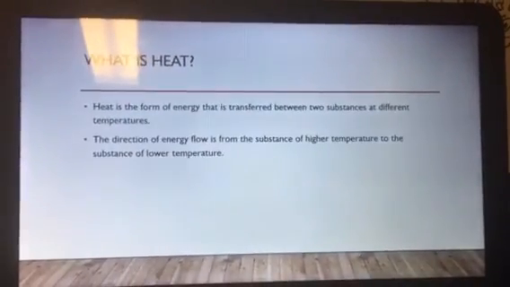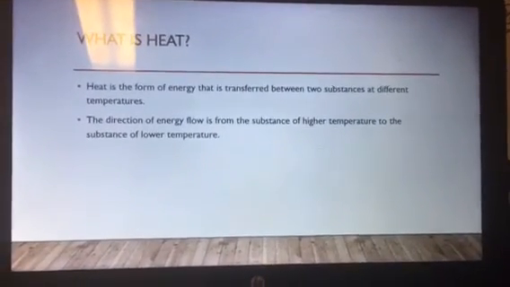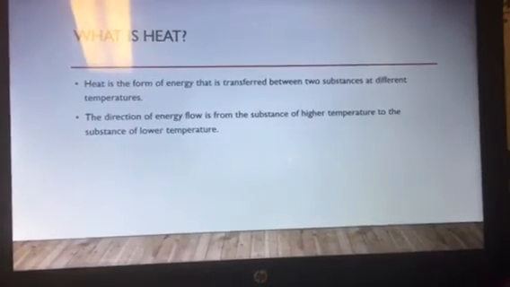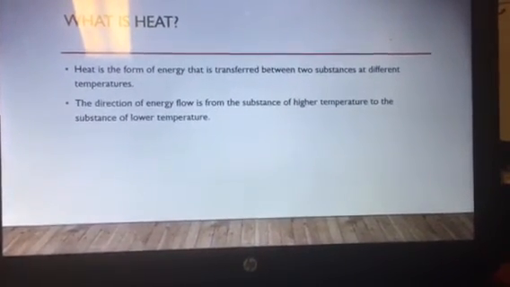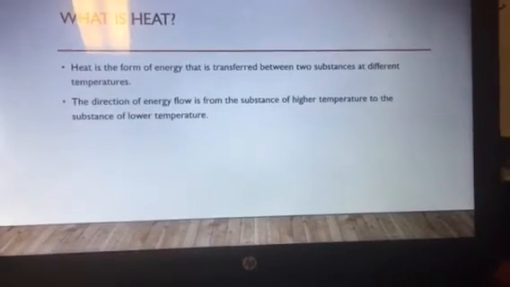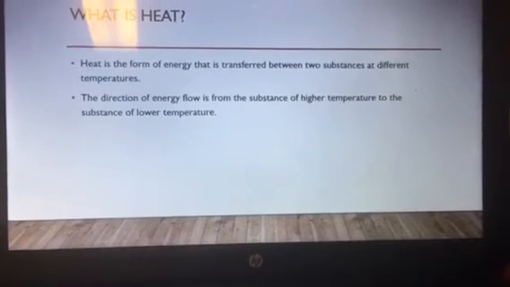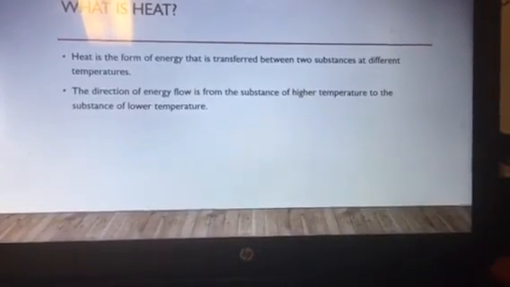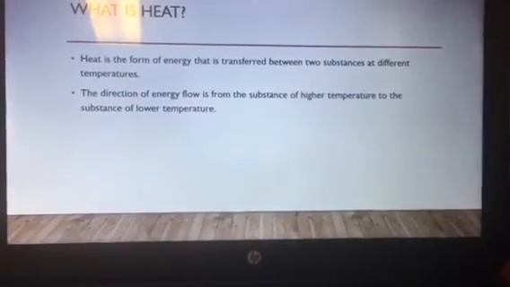Next, I have, what is heat? This is basically what our entire paper and information is about. What is heat? Heat is the form of energy that is transferred between two substances at different temperatures. The direction of energy flow is from the substance of higher temperature to the substance of lower temperature.